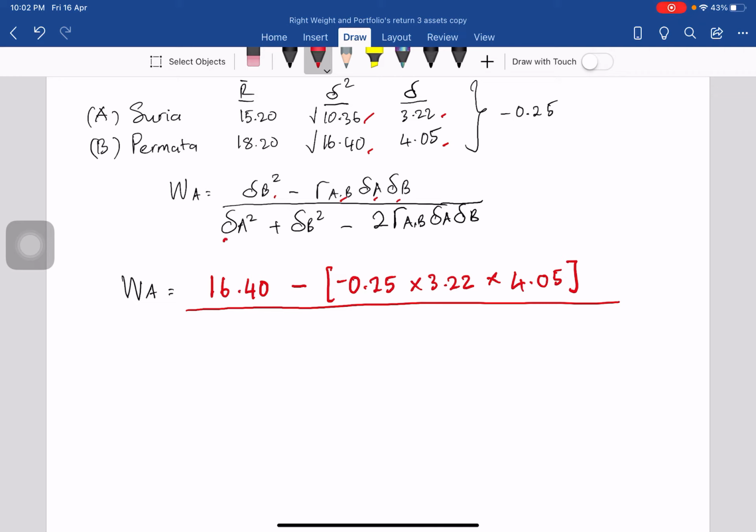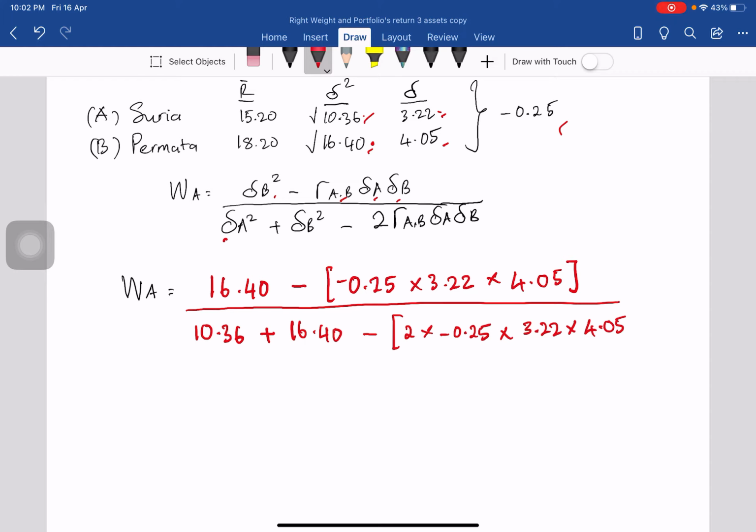Variance A given is 10.36, plus variance B again 16.40, and then minus 2 correlation AB, the given correlation, times negative 0.25, times standard A 3.22, times standard B 4.05.